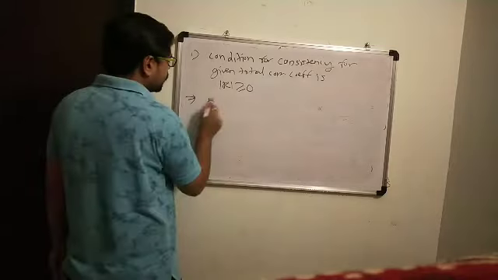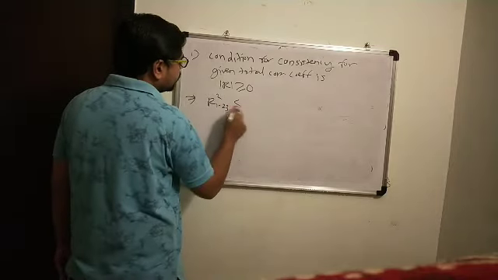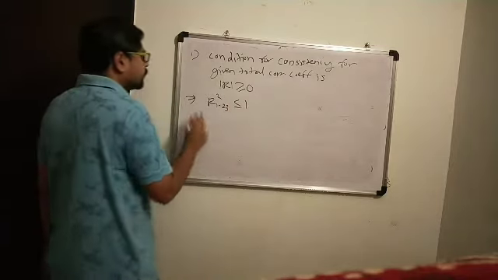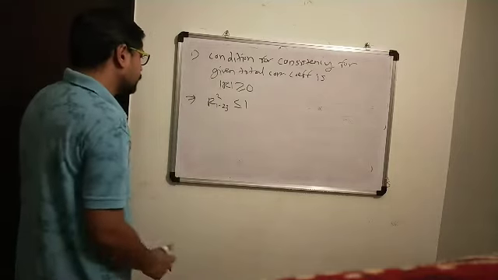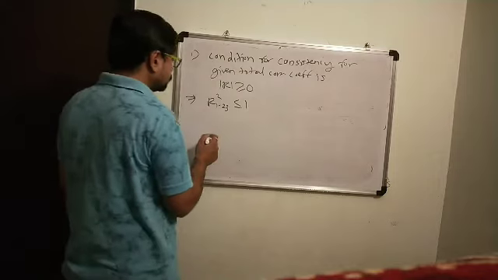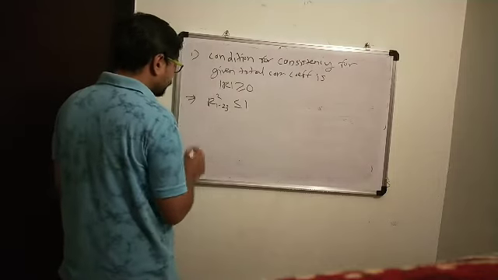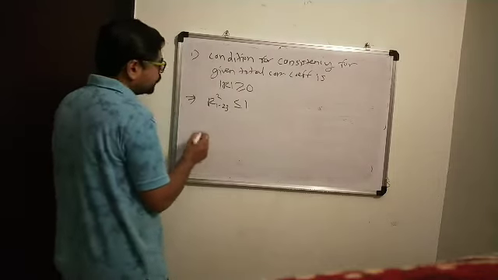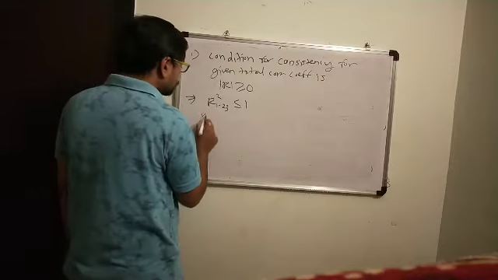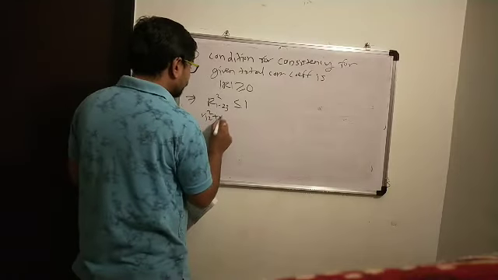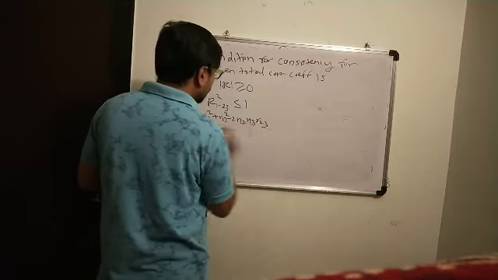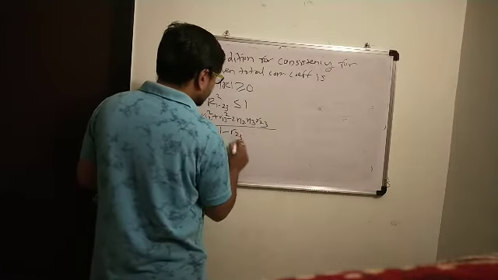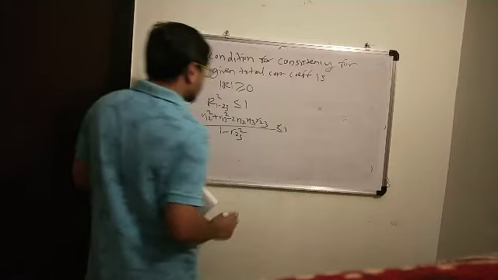We have R square 1.23 is less than or equal to 1. Since R 1.23 is less than 1, its square must be less than or equal to 1. So by putting the value of R square 1.23, which is R12 square plus R13 square minus 2 times R12, R13, R23 divided by 1 minus R23 square, is less than or equal to 1.